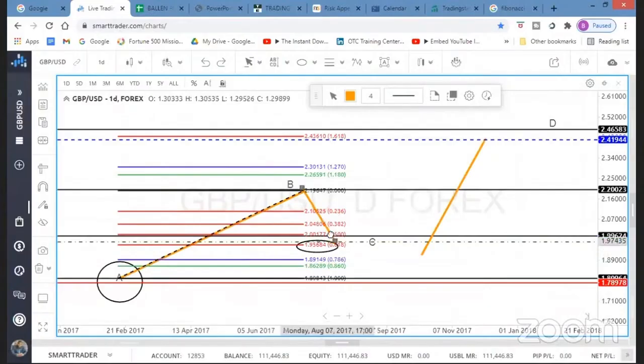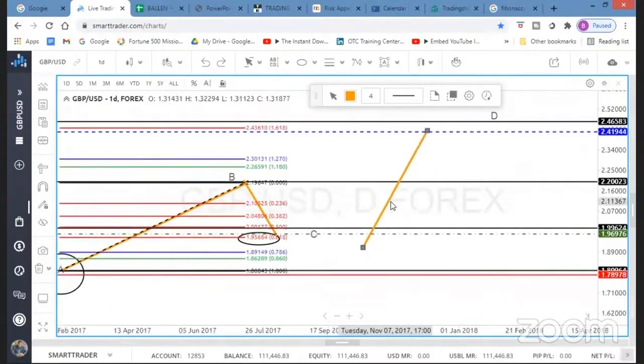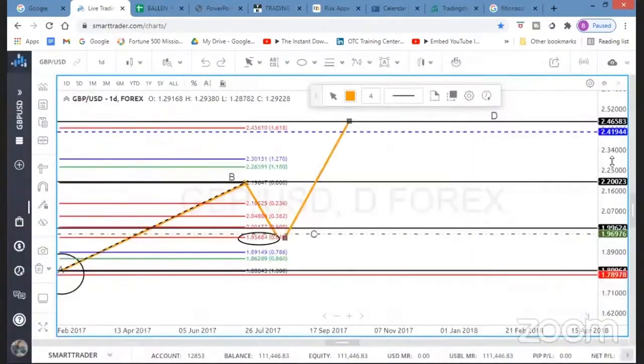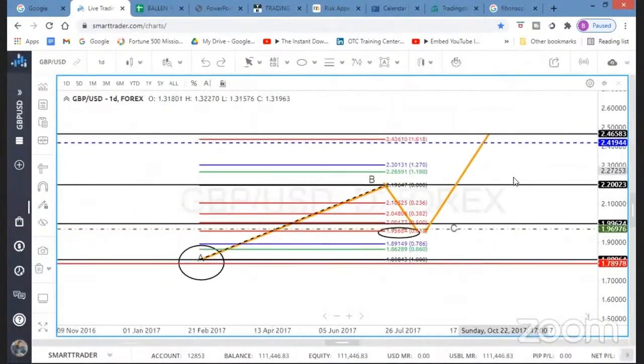So price, once it starts to retrace, can pull back within this AB boundary as much as it wants to. But if it doesn't take out the A, then there's a high probability that it's going to U-turn and go in my direction. Okay?